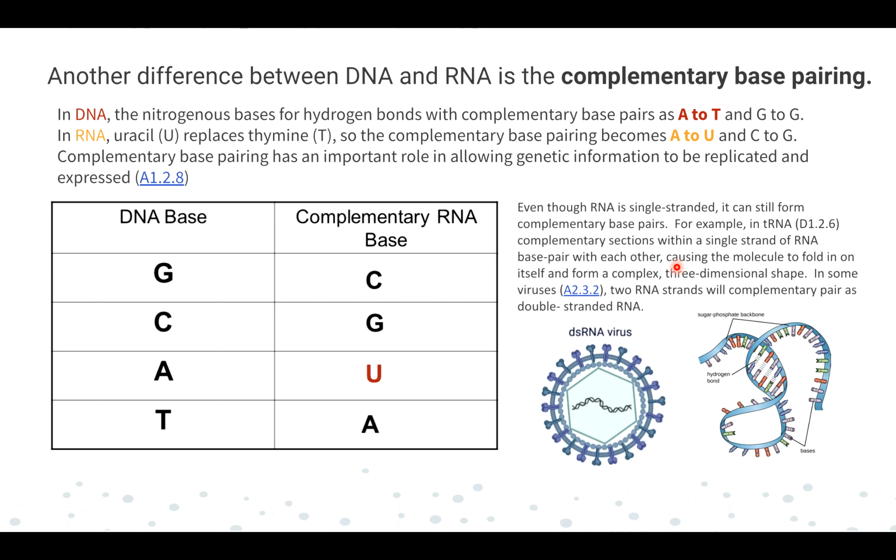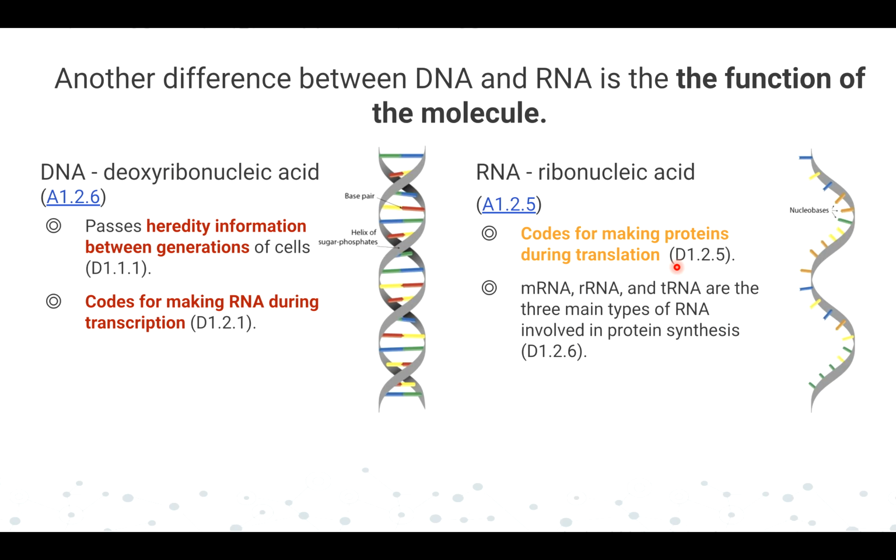Next difference is the base pairing that we have discussed. There is a possibility of base pairing between the bases of the RNA, that is seen in the tRNA molecule, right? So you can mention except tRNA. In tRNA there is a chance of supercoiling, and there is a possibility of complementary base pairing.